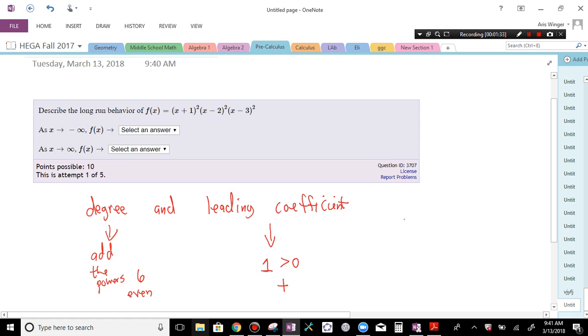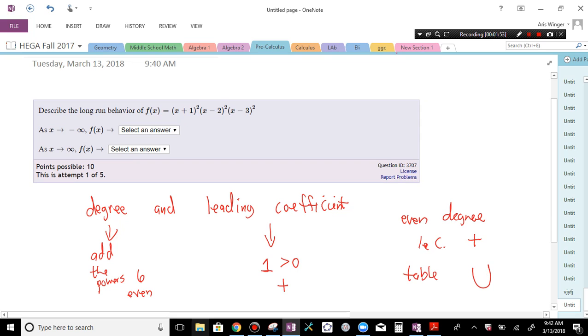And so even degree, leading coefficient is positive. Table, wherever your table is, says that it rises to the left and it rises to the right. We just want to express that in calculus terms.